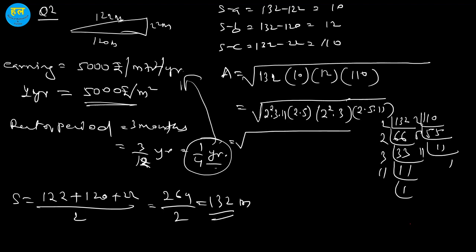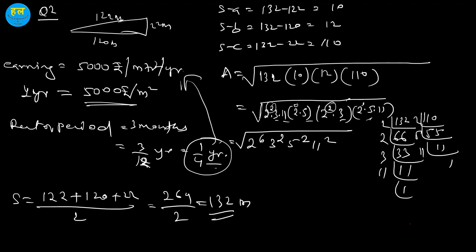What we get here is 2 to the power 6, 3 to the power 2, 5 to the power 2, 11 to the power 2.